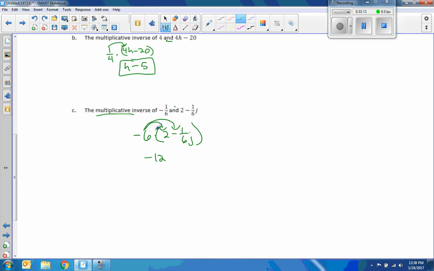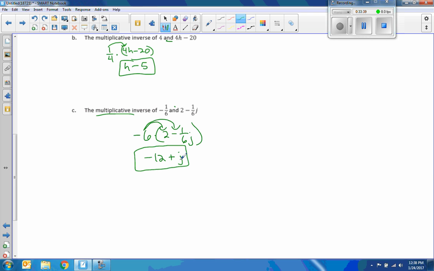Okay, now I'm going to multiply the negative 6 times the second term. Negative times a negative is positive. 6 times its reciprocal or inverse is the identity 1. I don't need to write it because 1 times j is simply j. So once we start doing this, we can cut corners a little bit by not showing all the steps with the 1 in front of the j and then getting rid of it. Okay?